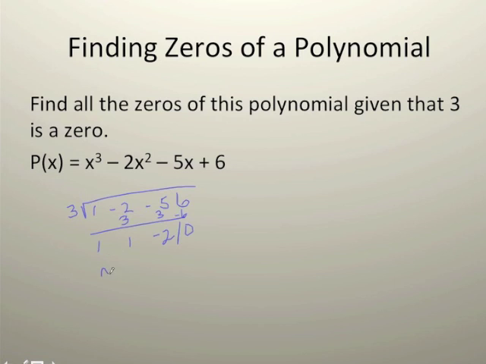And then I have x squared plus x minus 2, which would factor into x plus 2 times x minus 1. x equals negative 2, and x equals 1. So my zeros are 1, negative 2, and 3.